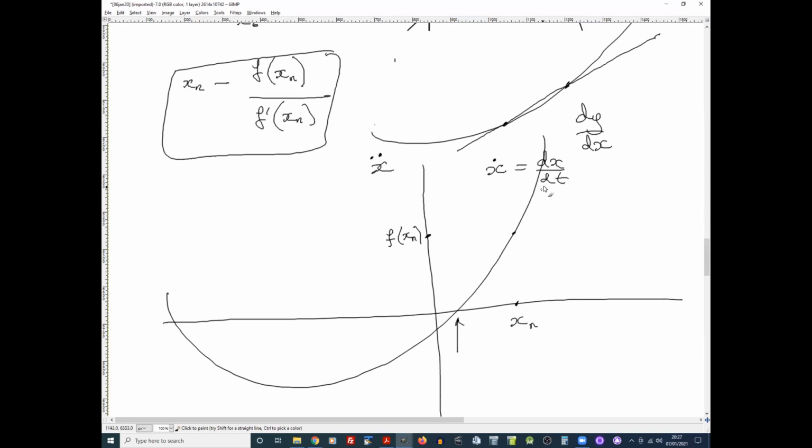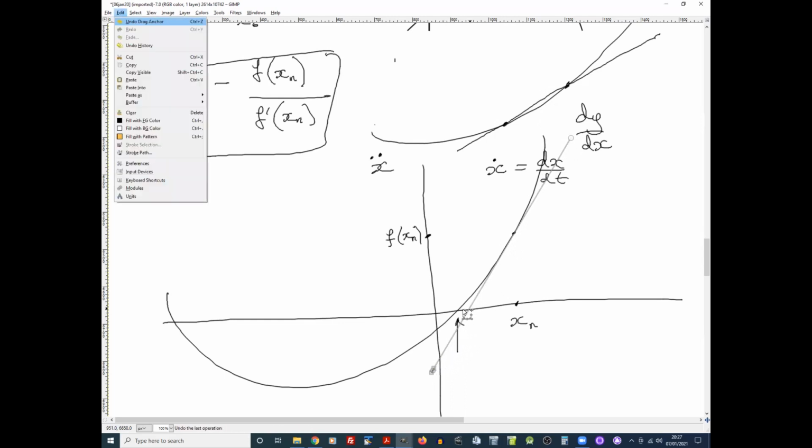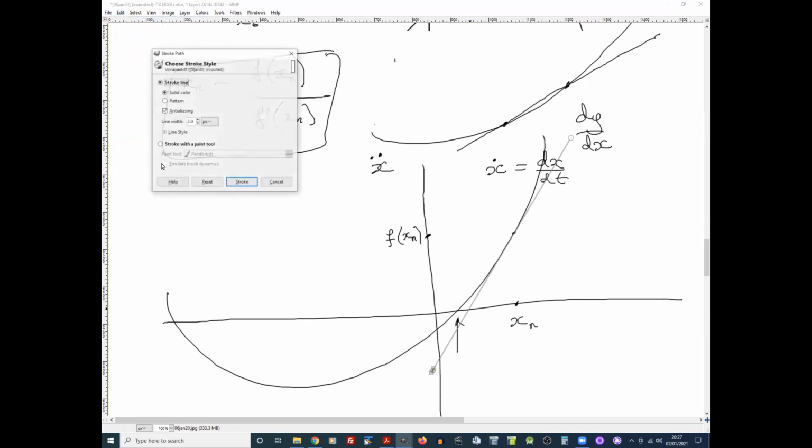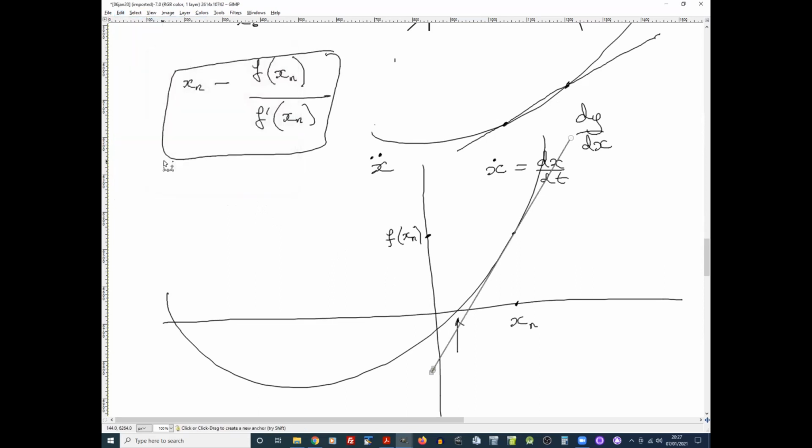And all you're going to do then is draw a straight line path. If you slide down this tangent line, then you will have improved matters. That's a differentiated version because that's the gradient at that point.